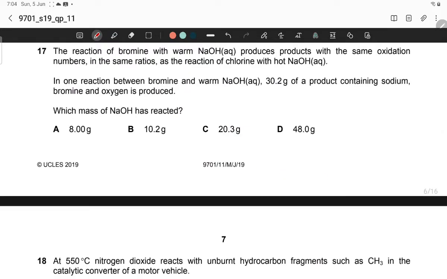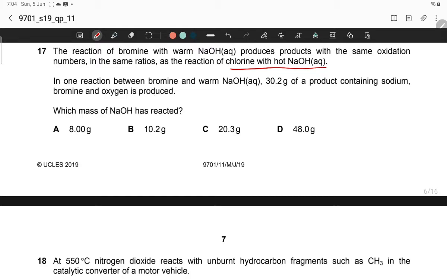Next question is 17, which was found to be most challenging by the students. The reaction of bromine with warm sodium hydroxide produces products with the same oxidation numbers in the same ratios as the reaction of chlorine with hot sodium hydroxide.